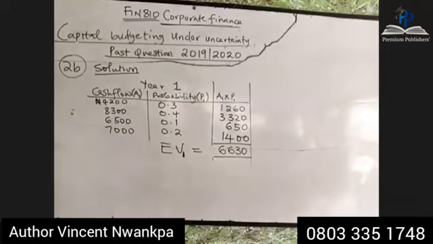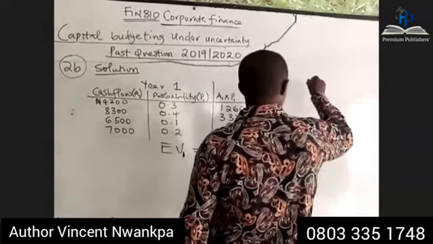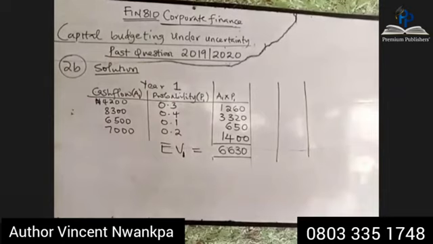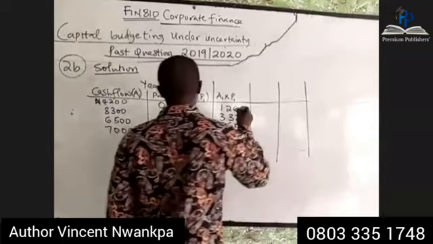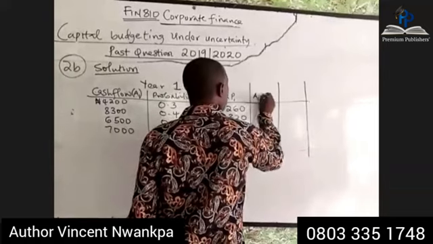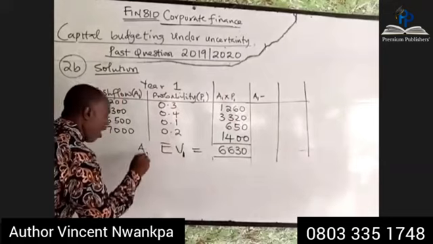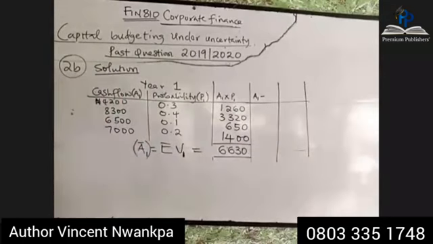Let me see how I can manage the space. Now I want to do it this way. A1 minus, let's call this one A1 bar. A1 bar is the mean now.